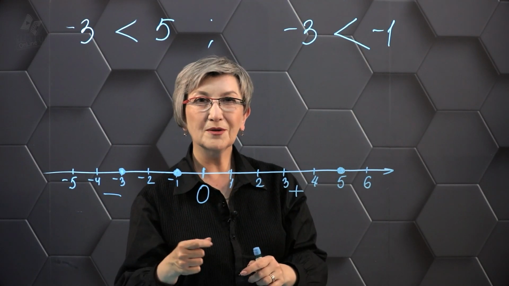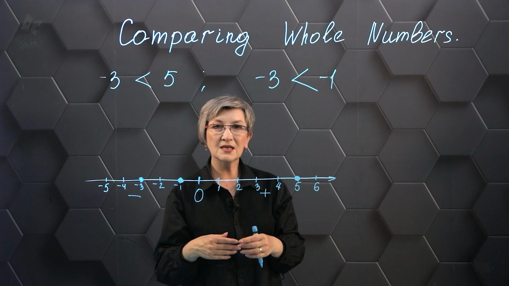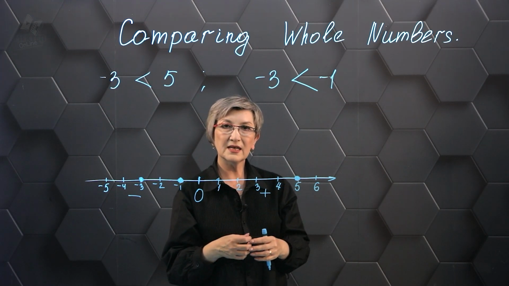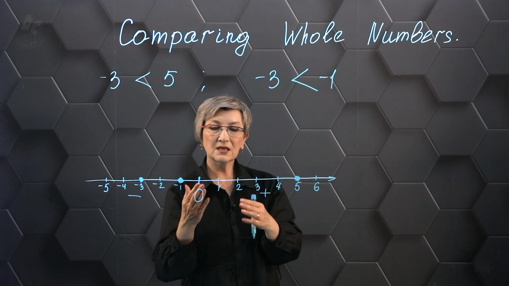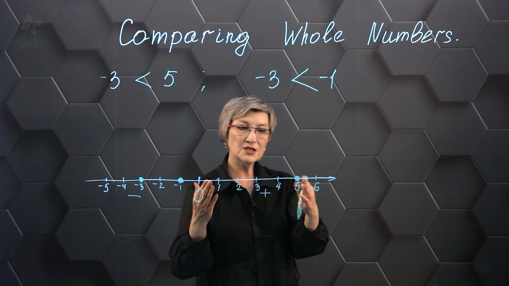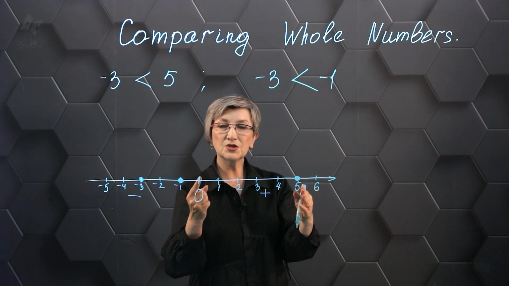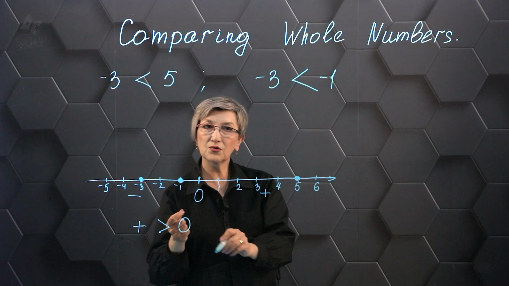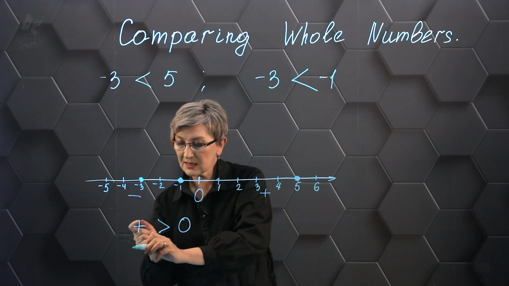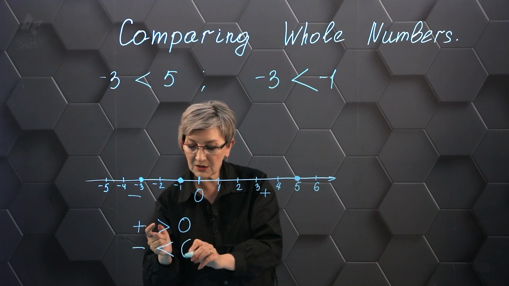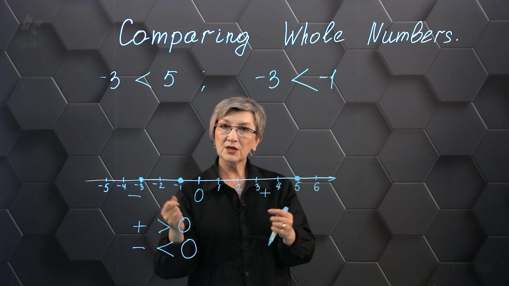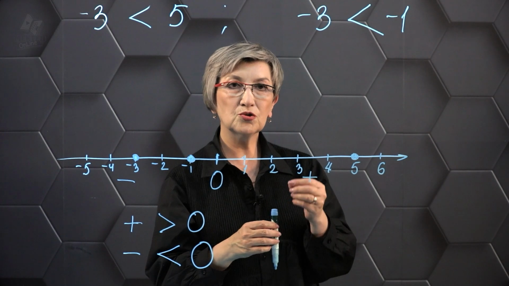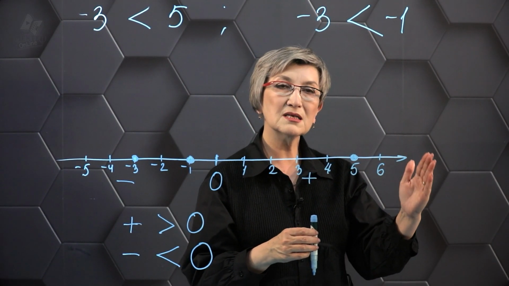You can use the coordinate line to compare positive and negative numbers. You can conclude that any positive number will always be greater than 0, and any negative number will always be less than 0. But if you compare two positive numbers, the larger number will be the one to the right on the coordinate line.